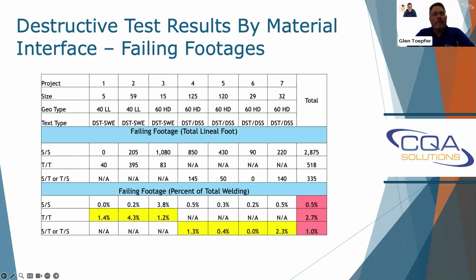But when you looked at the failing footage as a percent of the total welding for that interface, the smooth is only 0.5%. And you look at textured, and it's 2.7%. And then you look at the smooth textured combinations, and you're up to 1%. So what that's really telling me is that you're getting your smooth failures, you find a spot, but it's going to bound pretty quick.